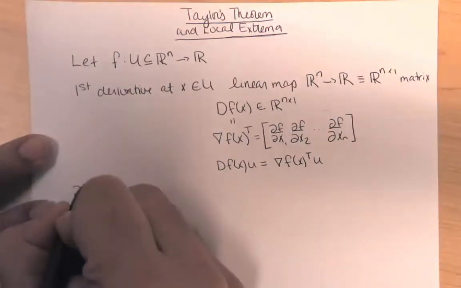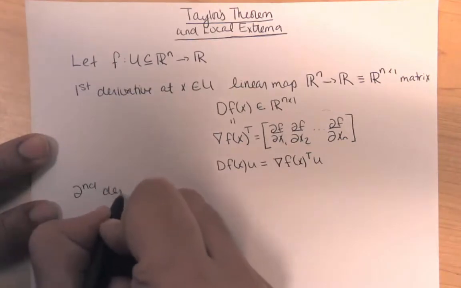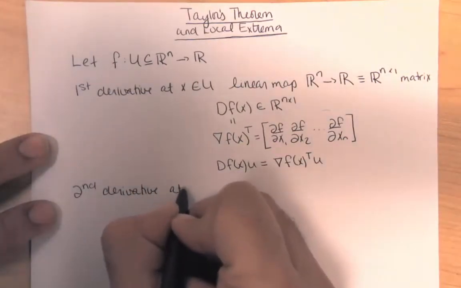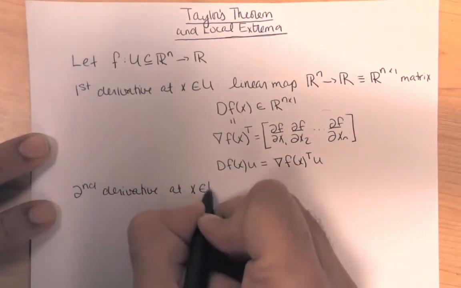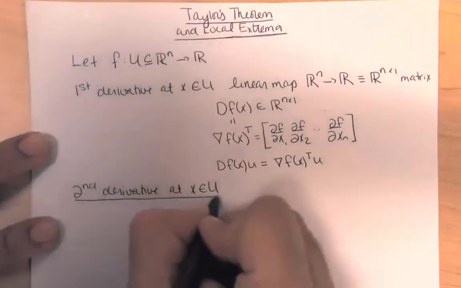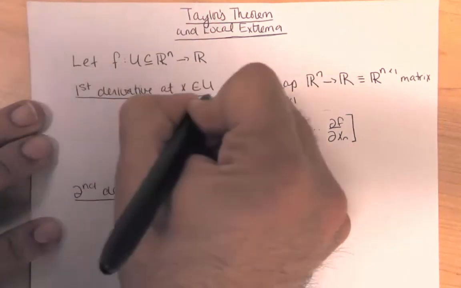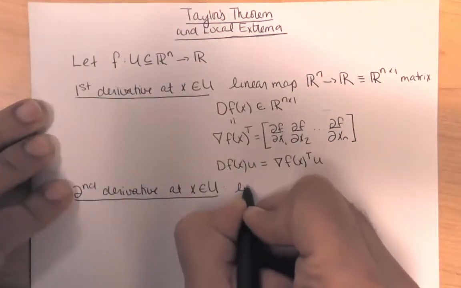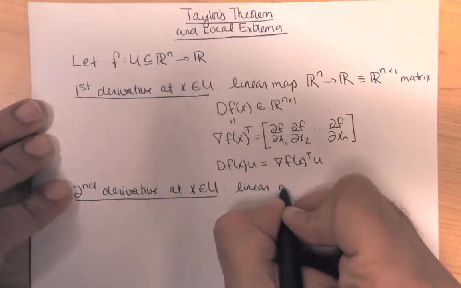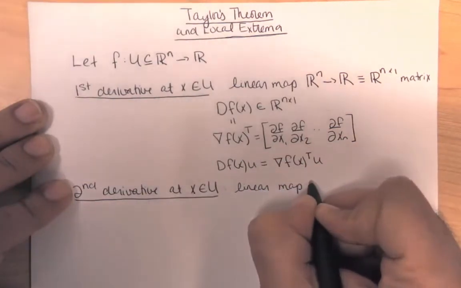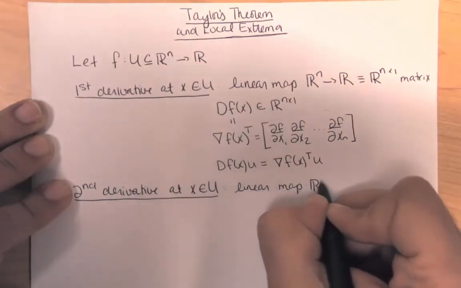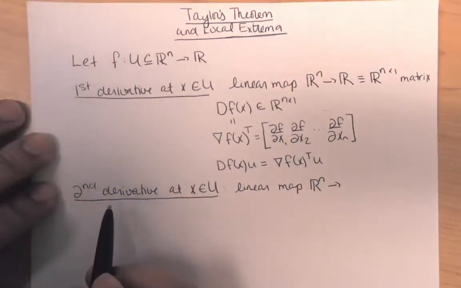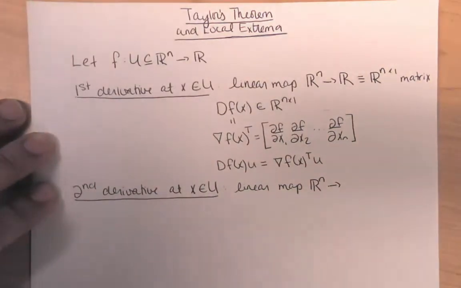Now the second derivative at x and u, again, assuming such a thing exists, that is a linear map from Rn to, right, because I'm taking the derivative of df.